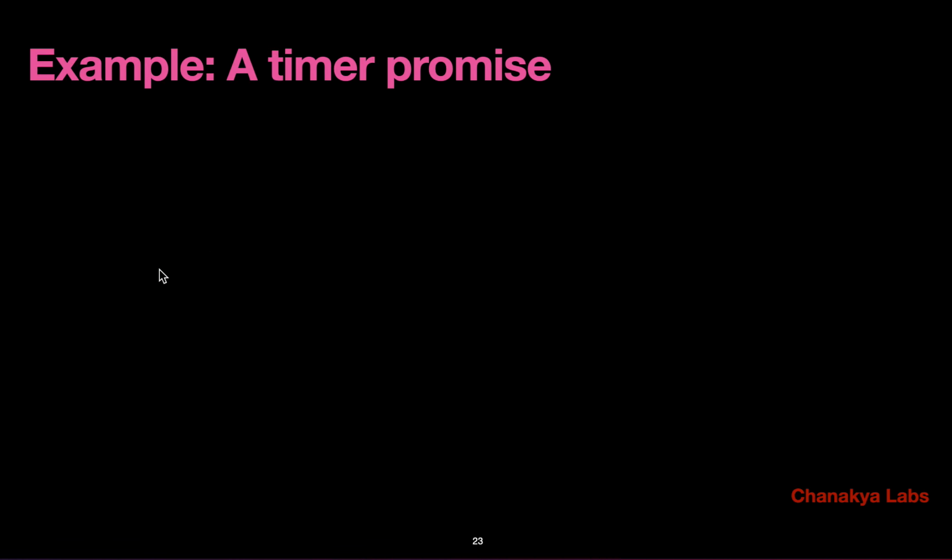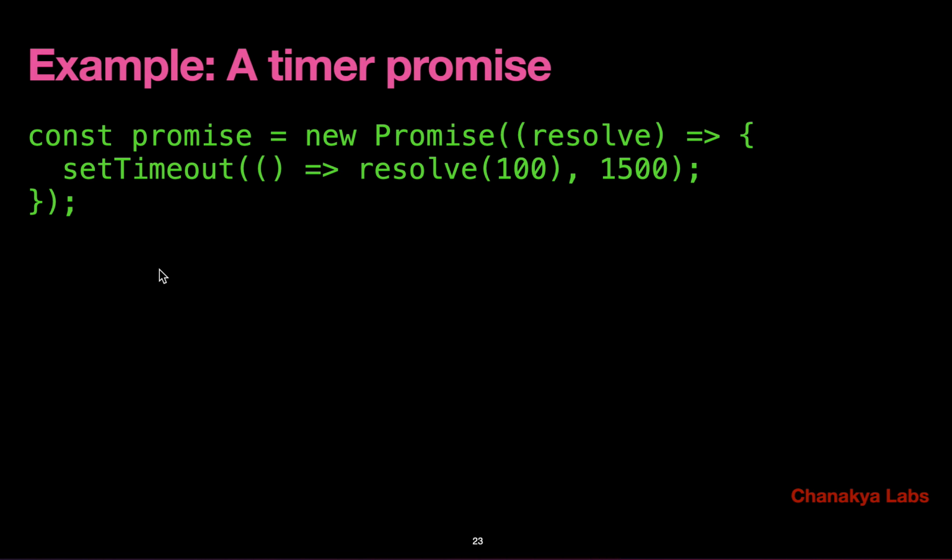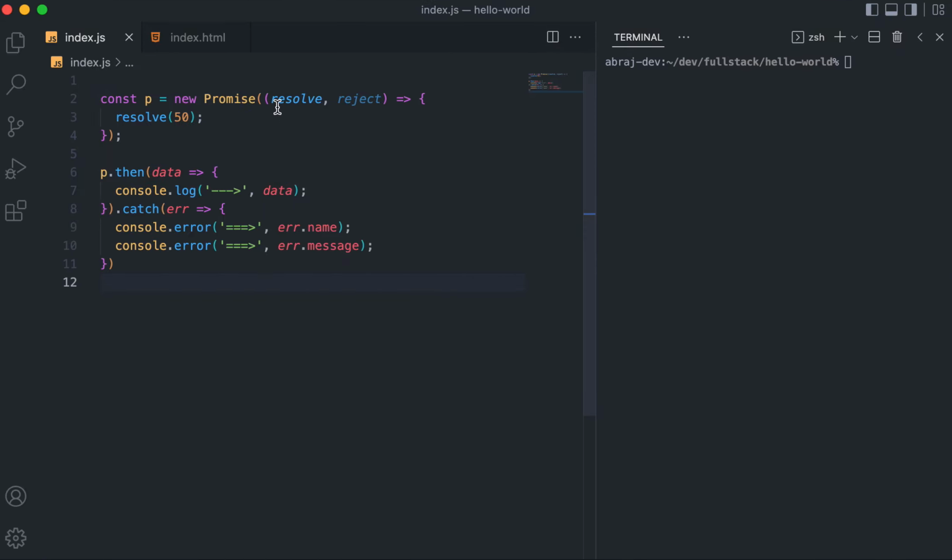Let's say our purpose is to create a promise which resolves after some time, say after 1 second or after 2 seconds. In this case it is resolving after 1.5 seconds. So it is not resolving immediately, but after some time. Let's do that.